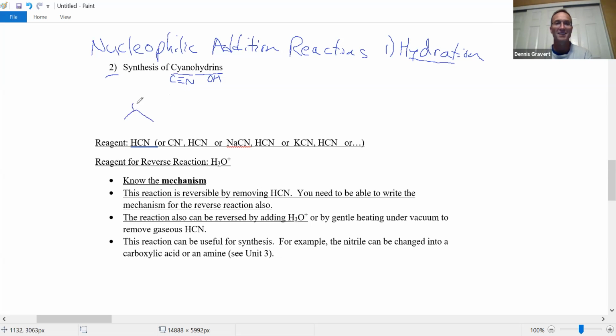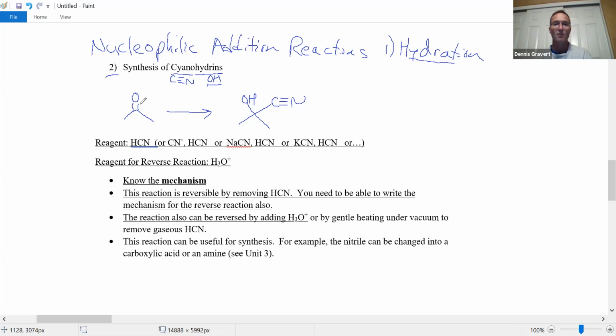Let's take acetone and make it into a cyanohydrin. What used to be double bonded O becomes this alcohol group, and you're going to add the nitrile group. That's the product. Okay, what are the reagents?